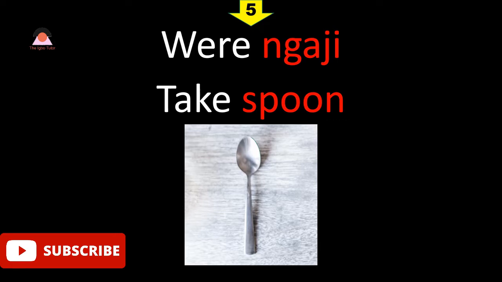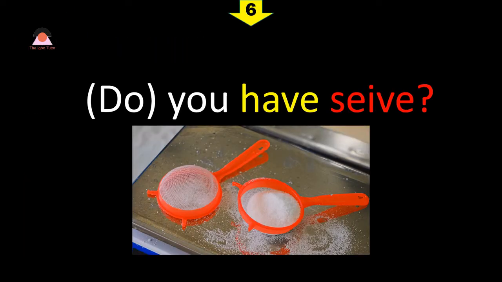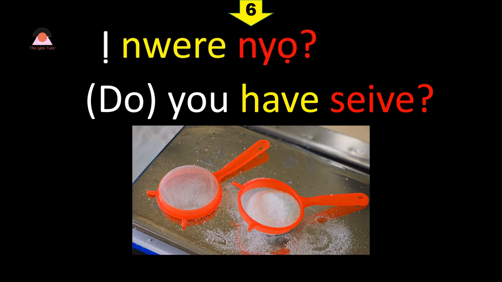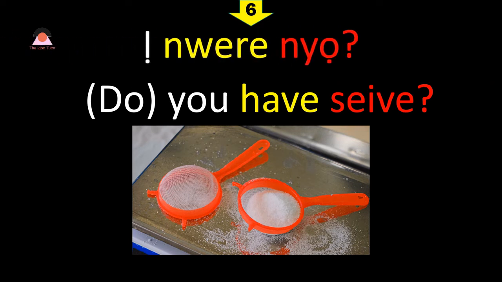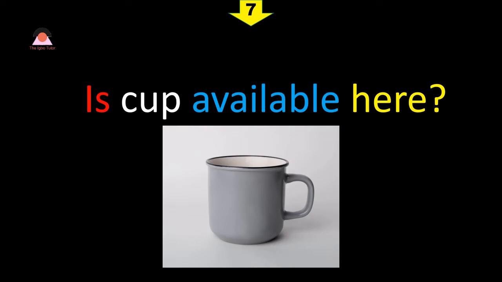You can see that spoon means ngaji in Igbo language. Were ngaji. Take spoon. Do you have sieve? I nwere nyo. You can see that sieve means nyo in Igbo language. I nwere nyo. Do you have sieve?